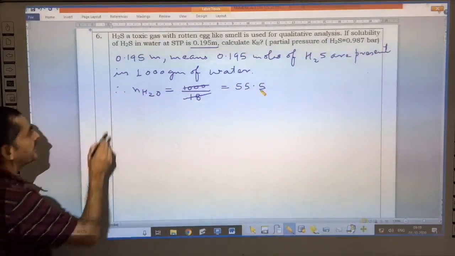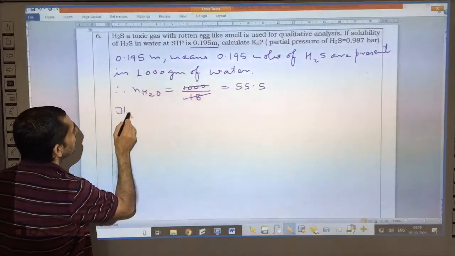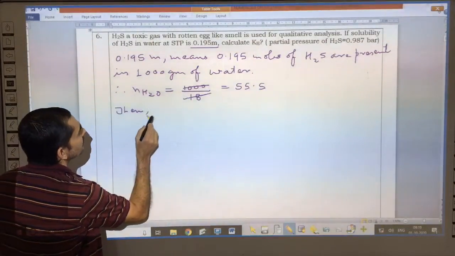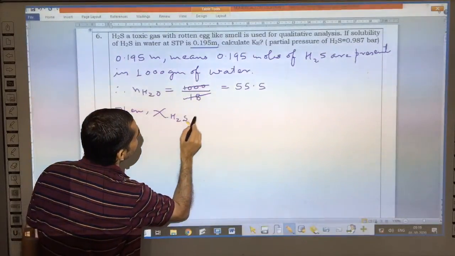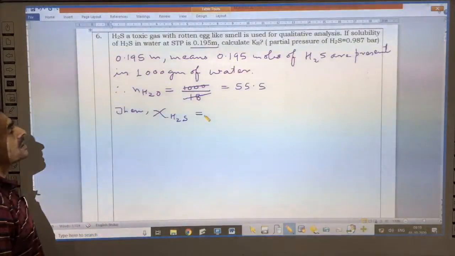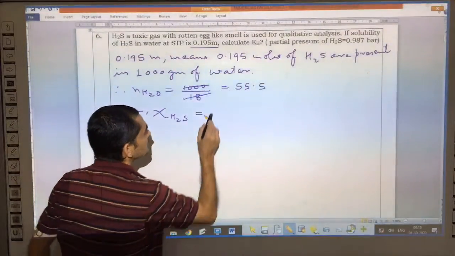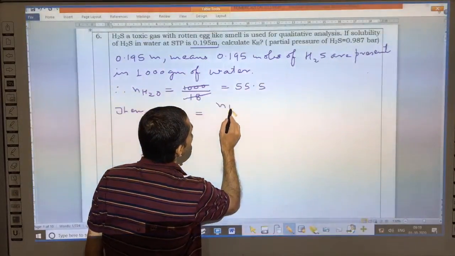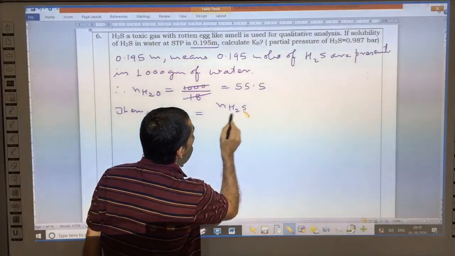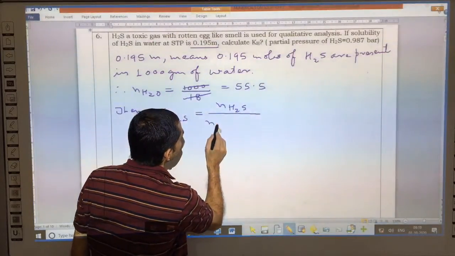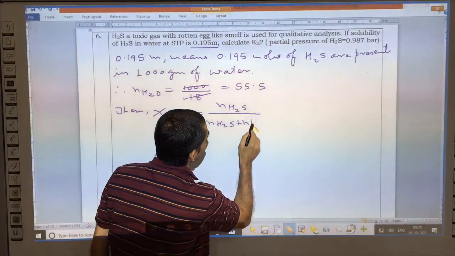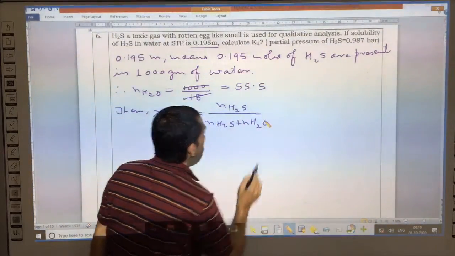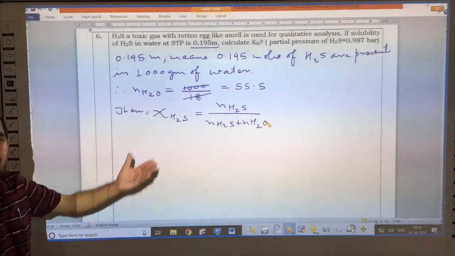55.5. Then mole fraction of H2S will be equal to what? Number of moles of H2S upon number of moles of H2S plus number of moles of water. We have to calculate mole fraction.